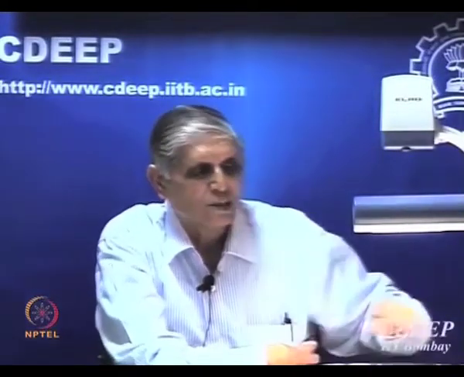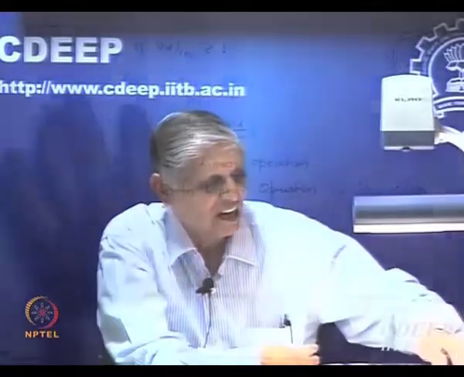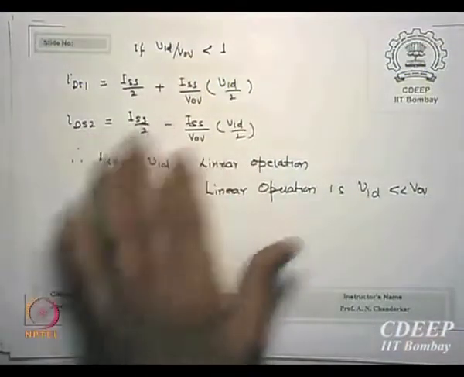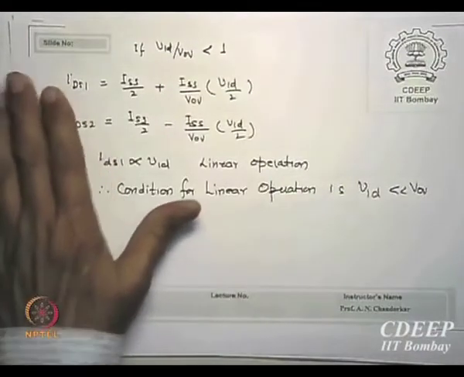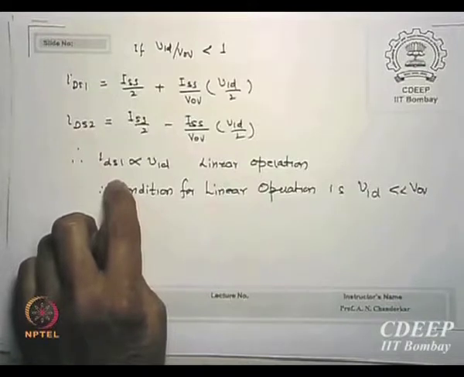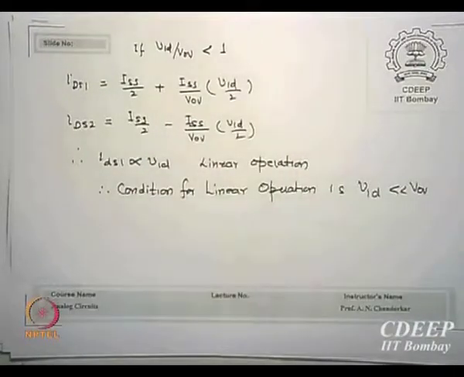If VID, which is your AC signal, is much smaller than VOV, then you can expand that expression, and ID1 is ISS by 2 plus ISS by VOV times VID, and IDS2 is the corresponding expression. Since this contains AC plus DC, the small AC current is proportional to VID.